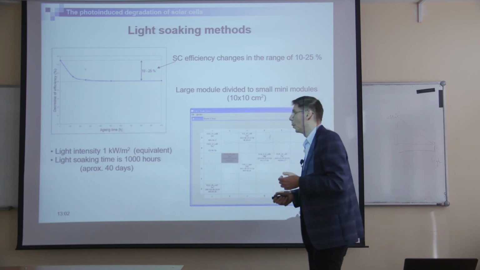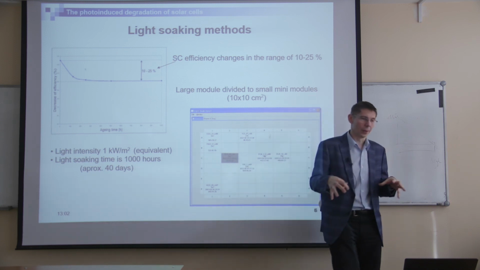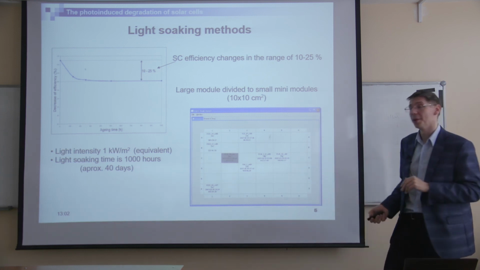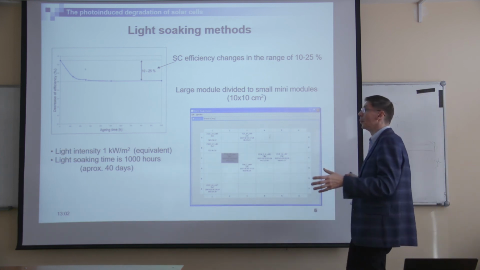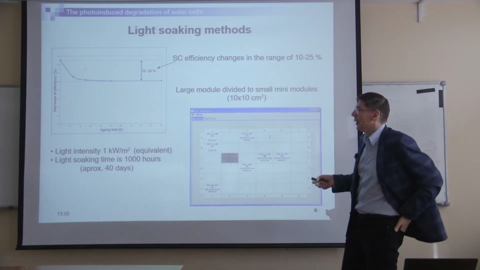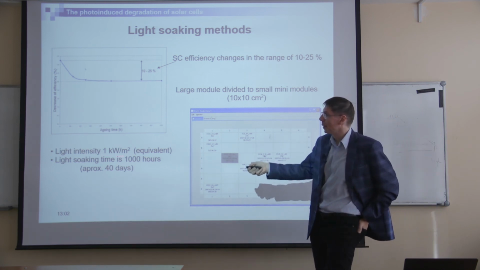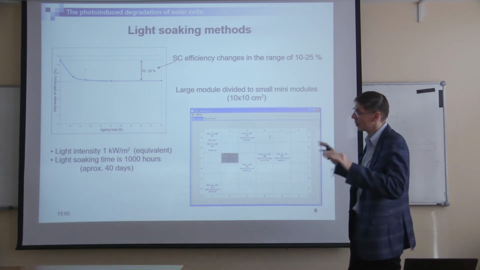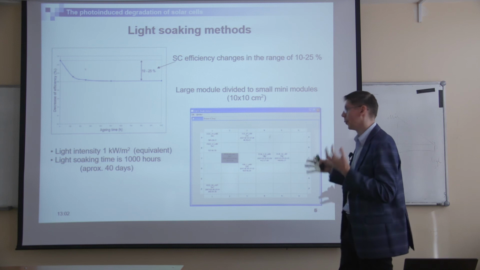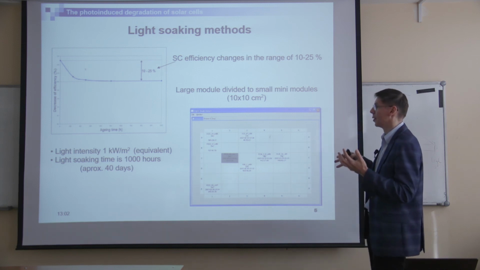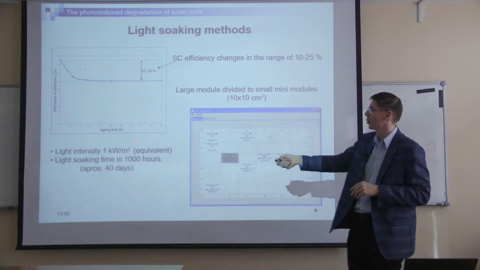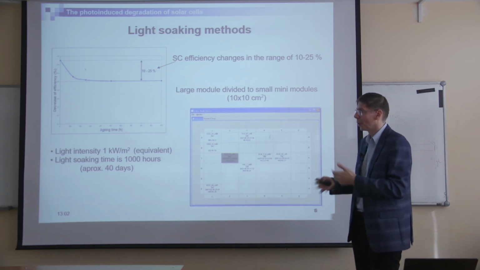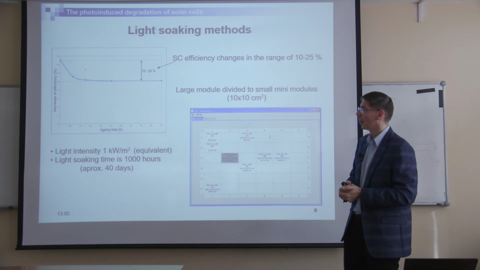After 1000 hours of illumination, so it corresponds approximately to 40 days. It's really a long period, and you have to use an intensity of 1 kilowatt per square meter. But actually, there is no requirement for a strict spectrum match. It should be some kind of equivalent which corresponds to the short circuit current related to 1 kilowatt per square meter.